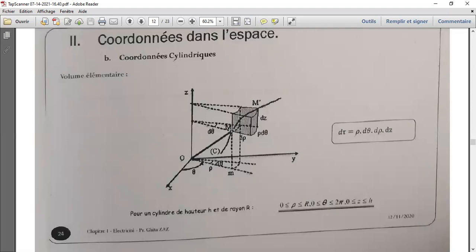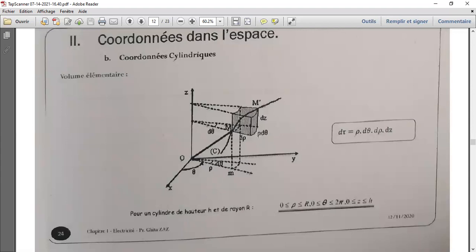You move from M to J, where there's a change of the angle. But since point M is moving in the same circle, the radius still remains the same, which is rho.